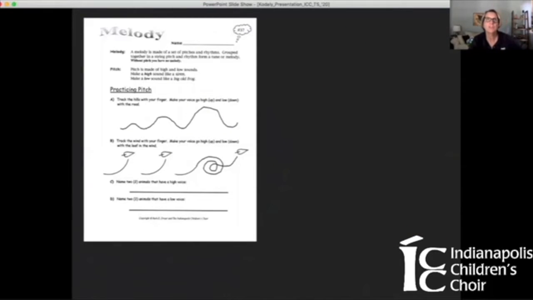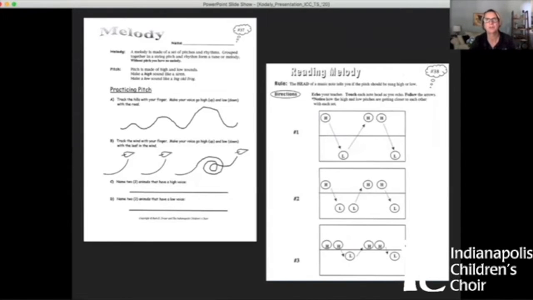So then we're moving into talking about aspects of melody, and we work with making our sirens and exploring things with our voice, ups and downs, and can I go high, can I go low? There's various things that we're going to do as we're beginning to look at melody. But then when we're going to be reading melody at some point, we want to talk about highs and lows, beginning with pitches that are much further apart.